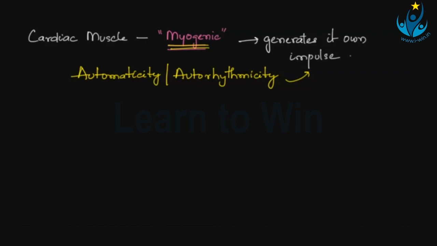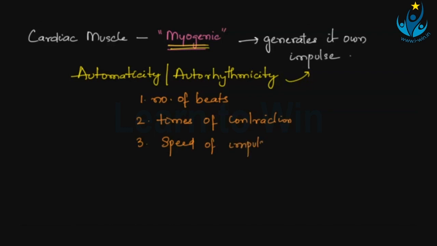The impulse to contract and relax is coming from the heart muscle itself, but the number of beats, how many times it should contract and relax, the speed of contraction, which means the speed of the impulse, all of these features are under neural and hormonal control.